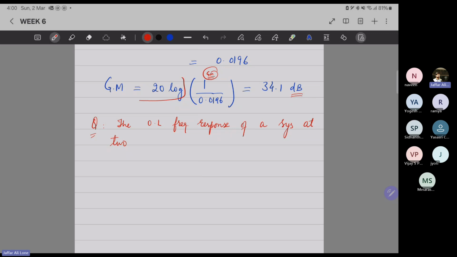The open loop frequency response of a system at two particular frequencies is given by 1.2 angle minus 180 degree and 1.0 angle minus 190 degree.